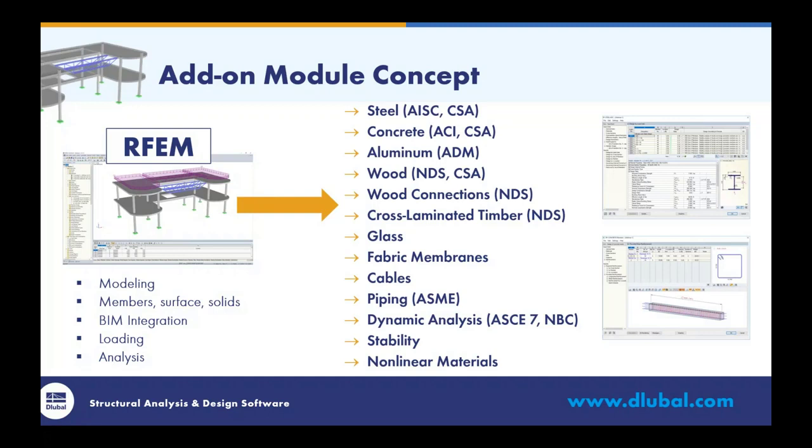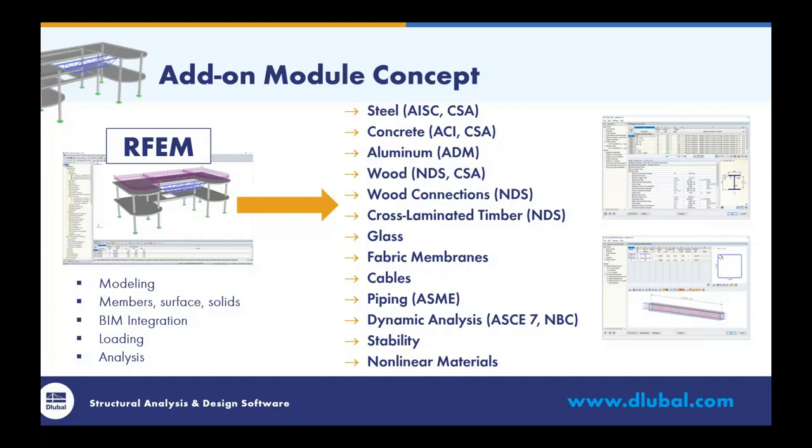But overall, we have steel, concrete, wood, and aluminum design. Some of the more niche markets that we have would be cross-laminated timber design. We can do glass design for single layer, laminated, and insulated glass. We have fabric form finding, so for tensile fabric structures and cable elements, because we are a nonlinear analysis program, we have these capabilities as well.